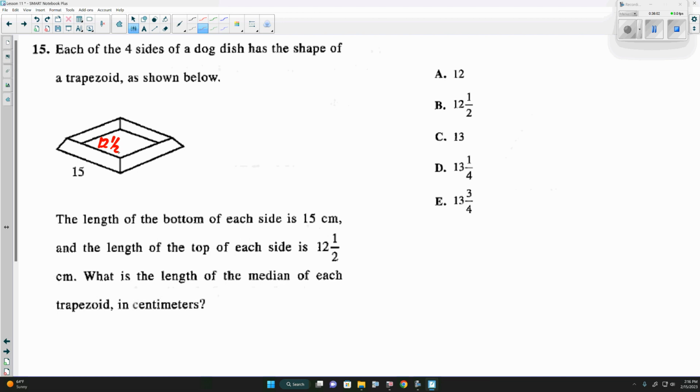What is the median of each trapezoid in centimeters? Because the median is the middle. Median means middle.